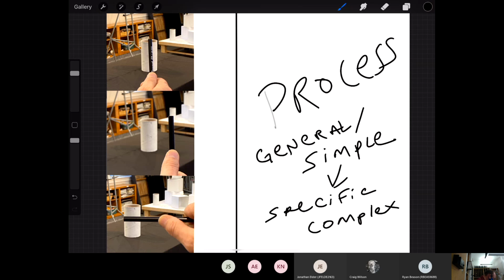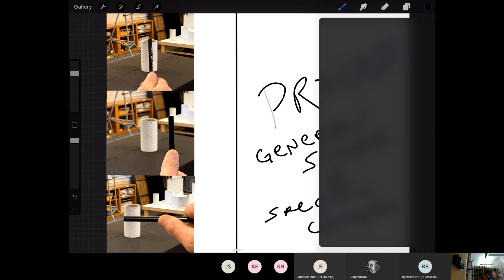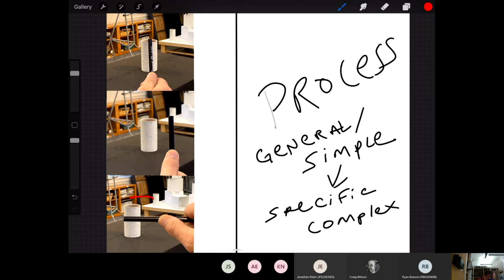So for instance, if we're looking at this object that I've got at the bottom left of my screen, this picture here, the most general thing about it is the height and the width, the rectangularity of it, the verticality of it. That's the most general thing, okay? And then as we move forward, we get into more specifics, like the ellipse, which is a little bit more difficult, a little bit more complex as far as being able to represent it and to measure it even is more difficult because it's such a small detail.